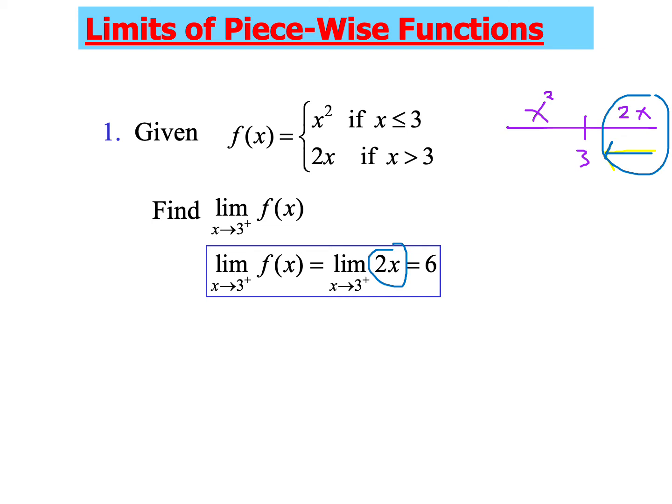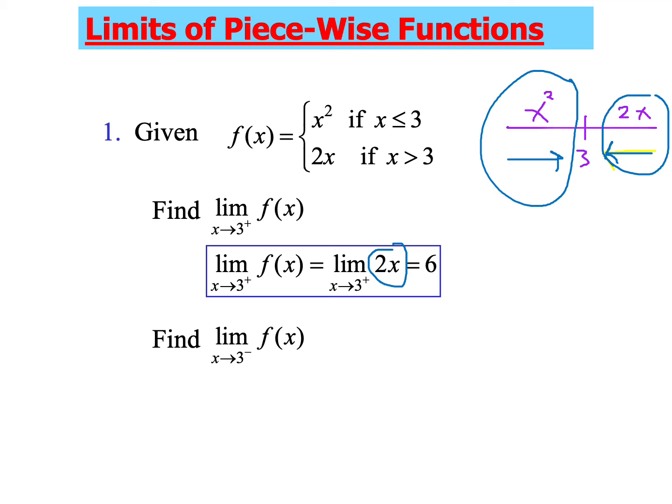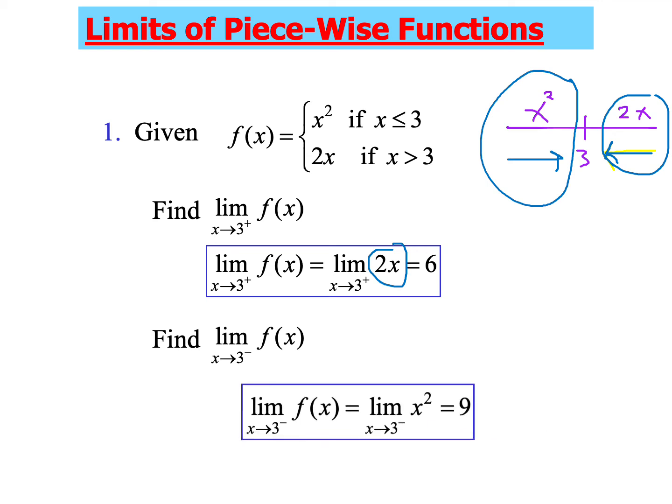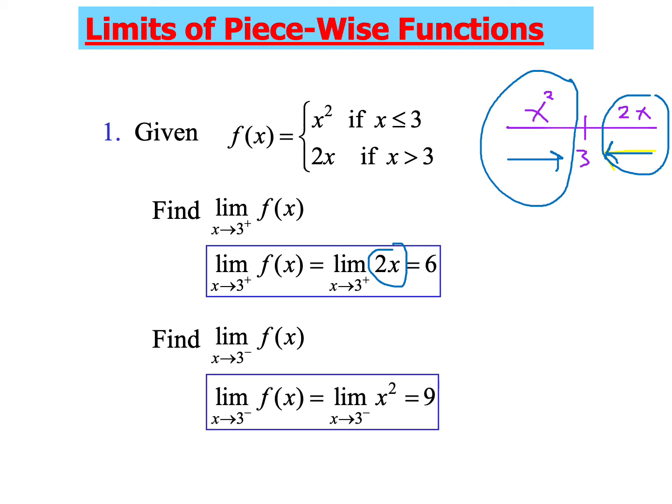So the limit from the right, when x goes to 3, takes only this right-side part. Now, what will happen when I find the limit when x goes to 3 from the left? I have to go to 3 from the left, so I will use the function on the left, which is x squared. So the limit will be 3 squared, which equals 9.